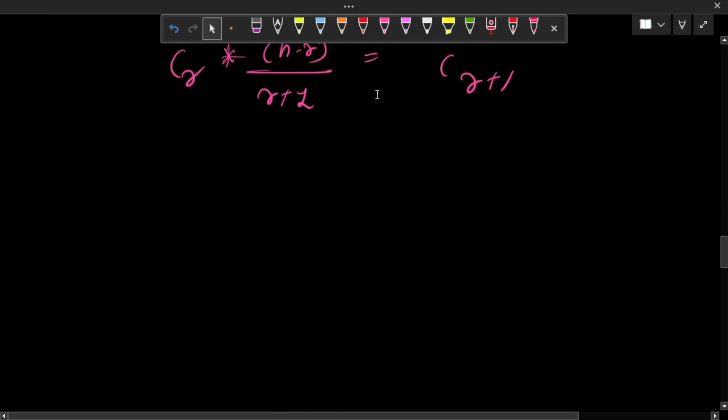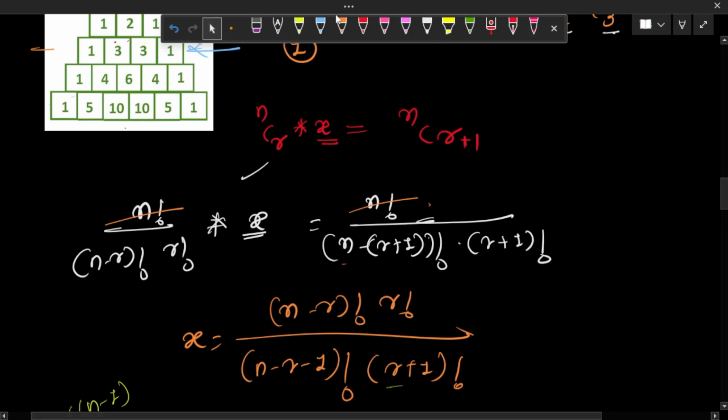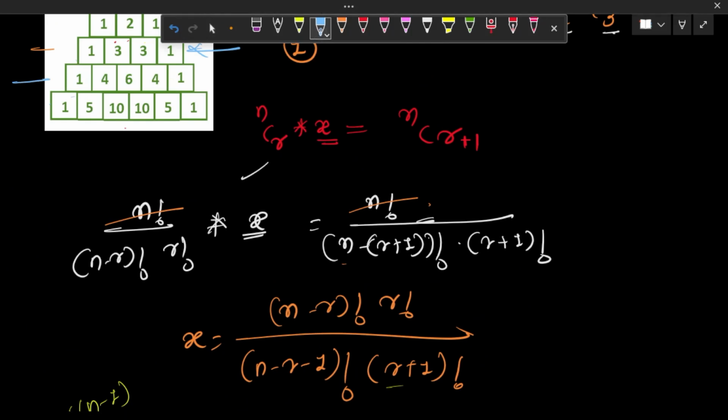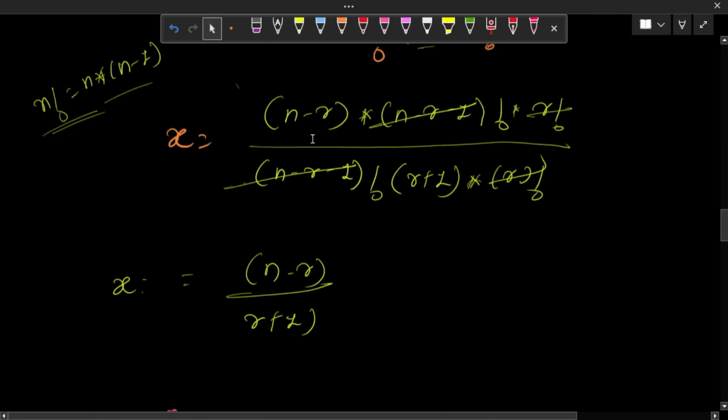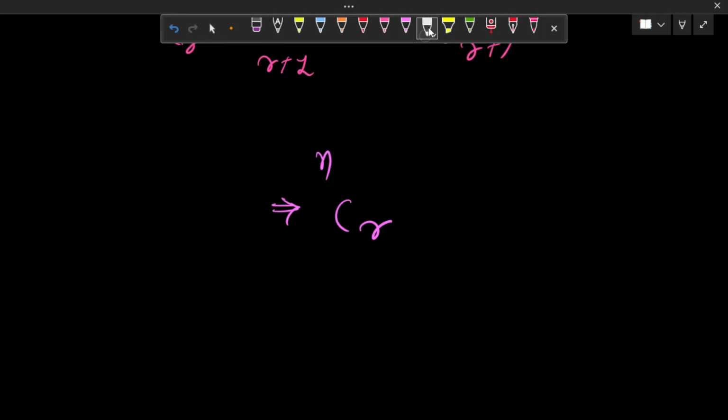Now I have to calculate any term nCr. In the previous problem we were calculating any nth row, going till the last of that row. If you look clearly, r is increasing.